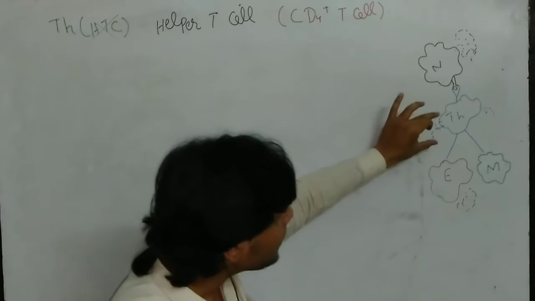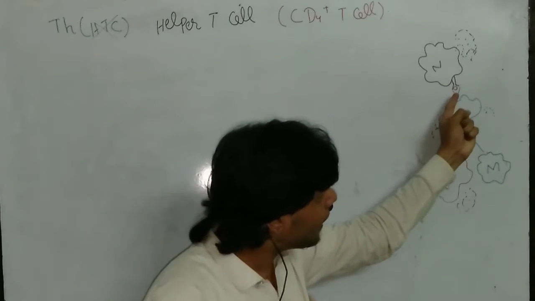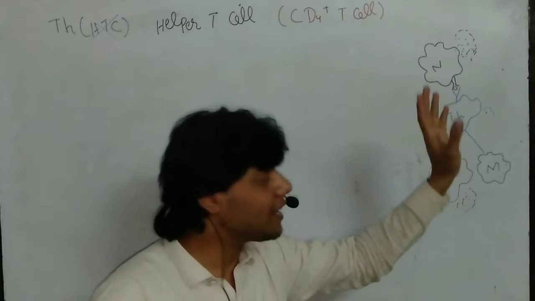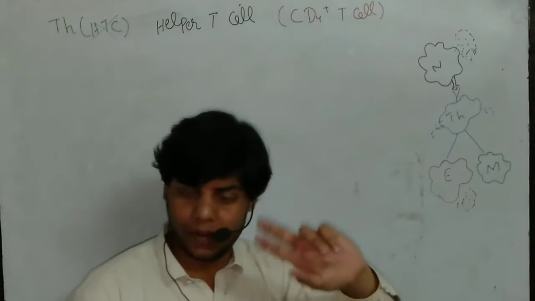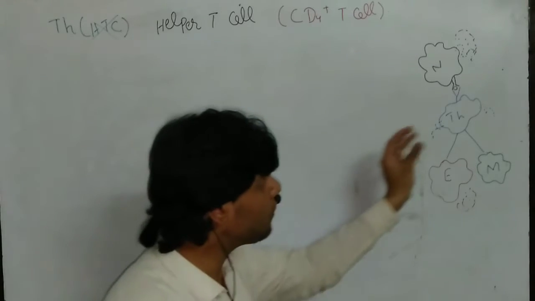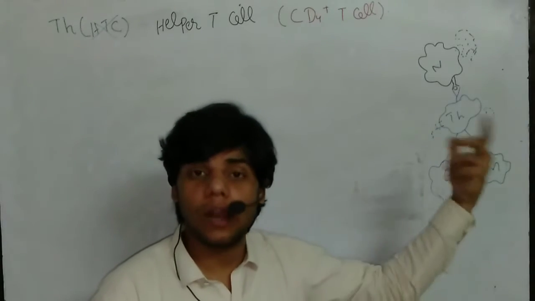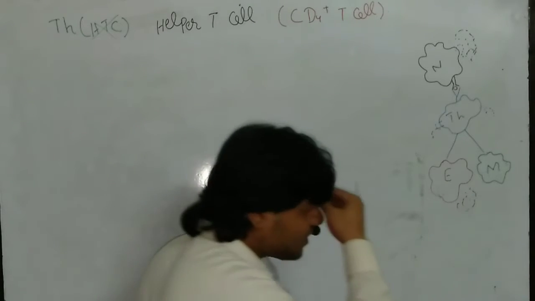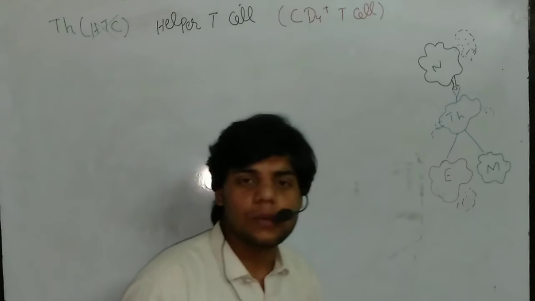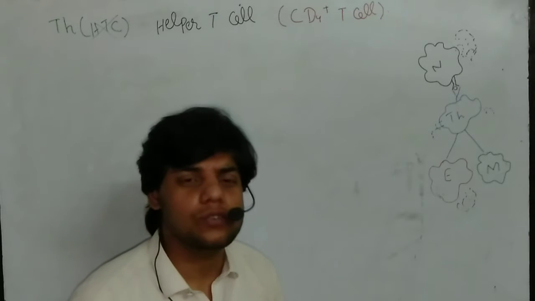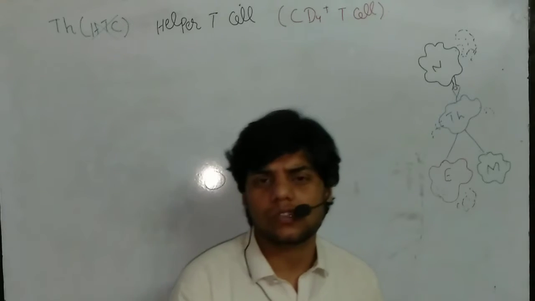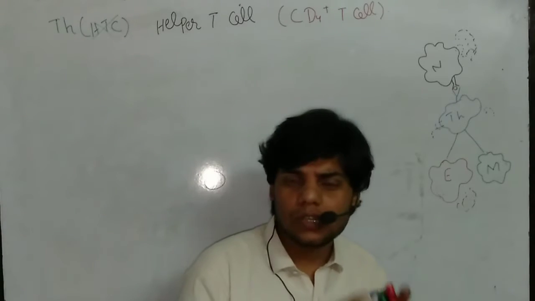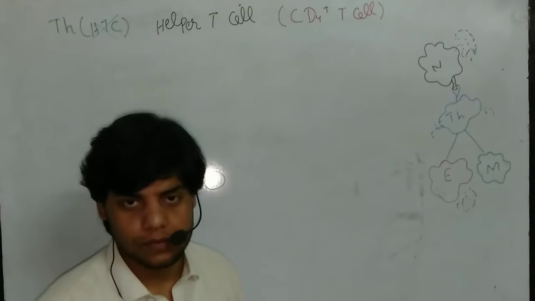When the naive helper T cell recognizes this antigen fragment, it will be converted to helper T cell, and then the rest of the process will occur. Now this effector T cell will secrete different kinds of cytokines, due to which different parts of the immune system will be activated. So this is a little bit of the story about the helper T cell.